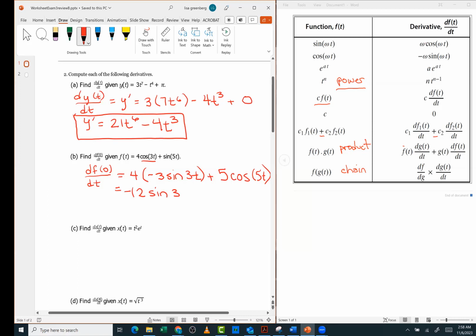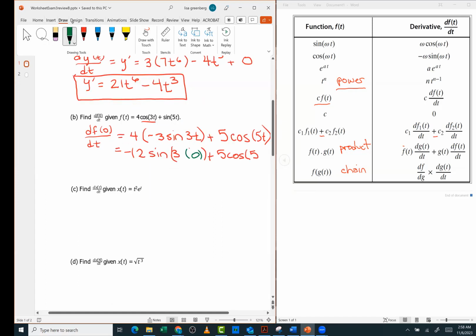If I simplify it, I get minus 12 sine of 3t. But t here is 0. Plus 5 cosine of 5 times 0. Now I have minus 12 times the sine of 0.